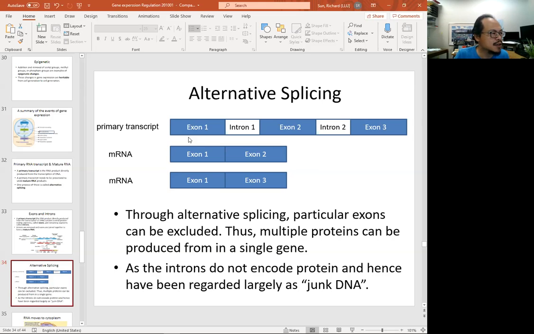So we may put exon 1 and exon 2, but not exon 3. Or we may put exon 1 and exon 3, but not 2. This is controlled by our cell. It depends on the time, the situation, the needs. And from the same DNA we may produce a variety of RNAs. And from these different RNAs, we can produce different proteins. So that's that. This is alternative splicing.